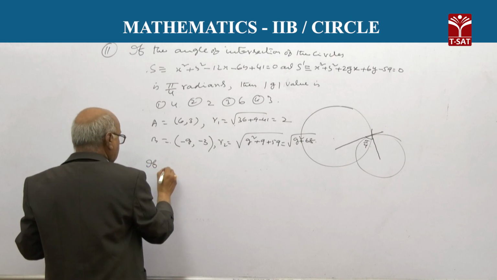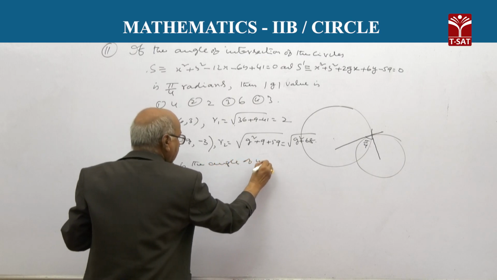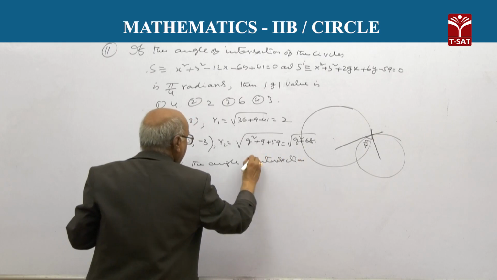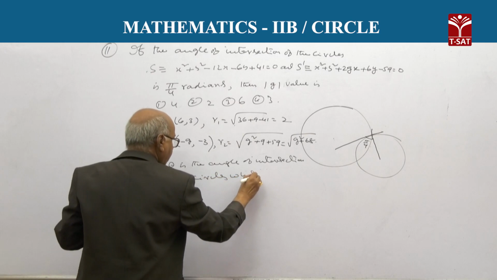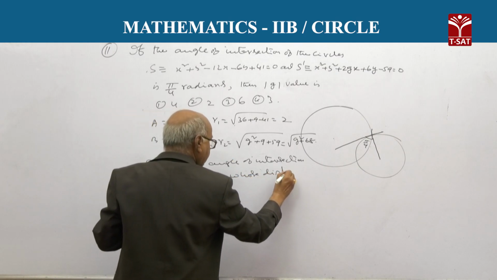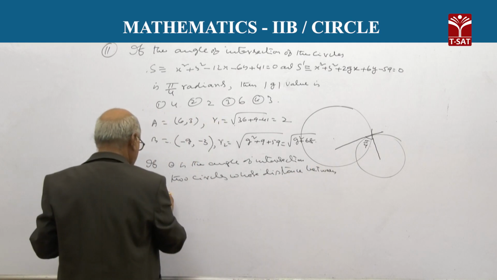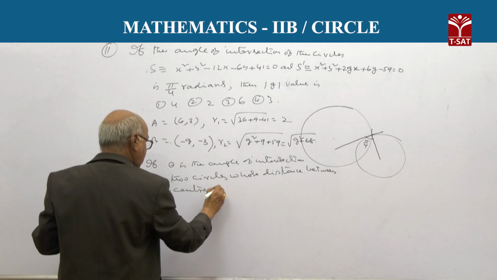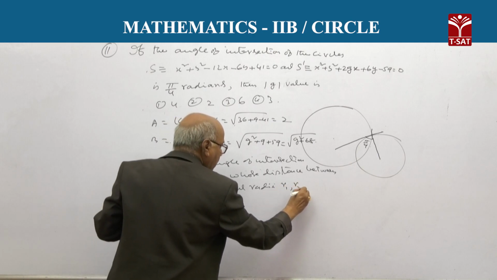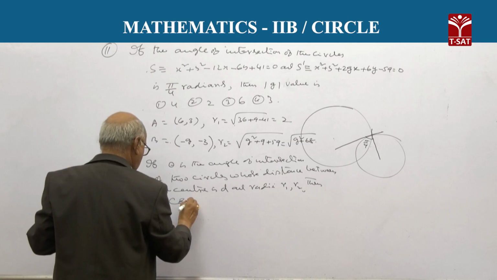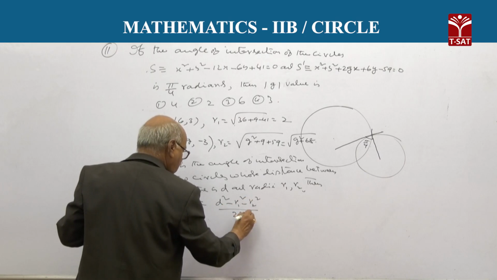Now we know that if θ is the angle of intersection of two circles whose distance between the centers is D and radii R1, R2, then cos θ = (D² − R1² − R2²) / (2R1R2).